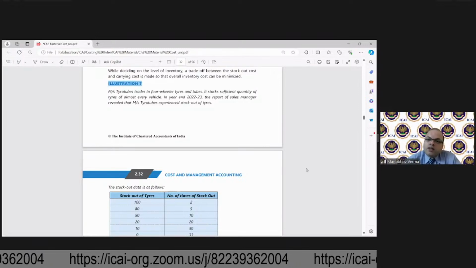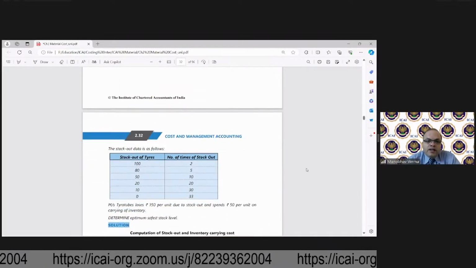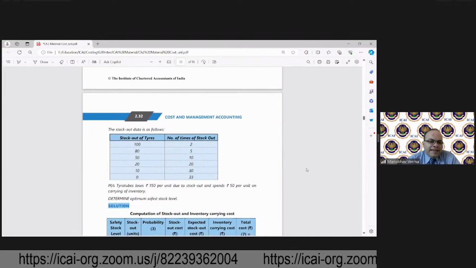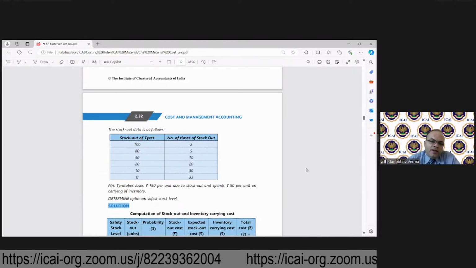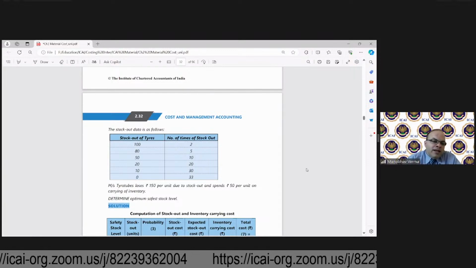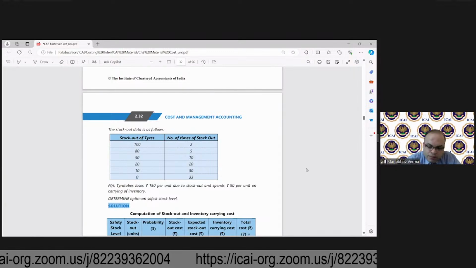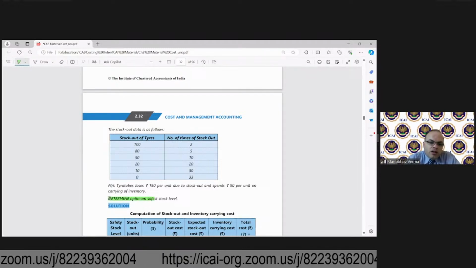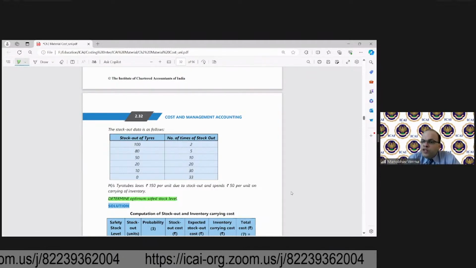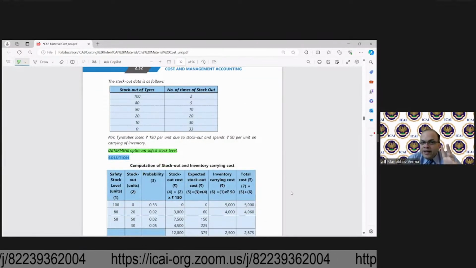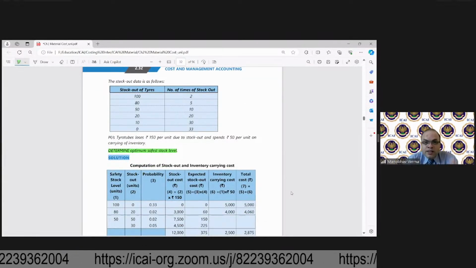In a particular year, the report of the sales manager revealed some stock out data for 100 tires, 80 tires, 50, 20, 10, and the number of times the stock out has happened as well. So they're asking you the optimum safety stock level. This is a very good illustration, which uses a table. Some students find it a little tricky to understand, and that's why I'm just touching base on this for 2 minutes here.